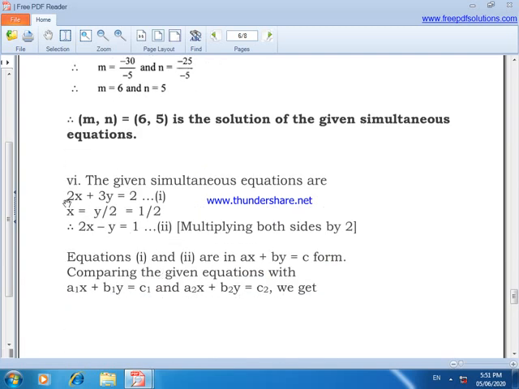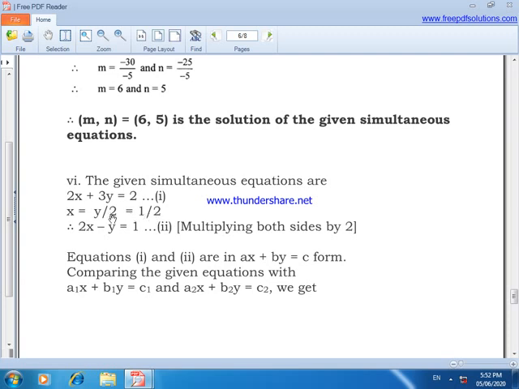Now the last example. Here we have been given 2x + 3y = 2, and the second equation is x = y upon 2 minus 1 upon 2. This is y upon 2, not y slash 2, and 1 upon 2, not 1 slash 2.